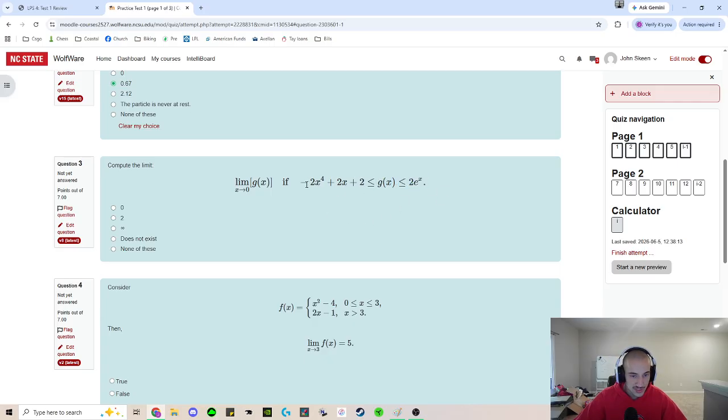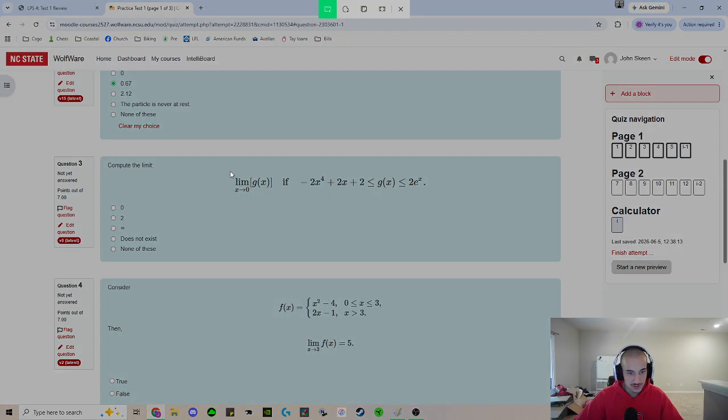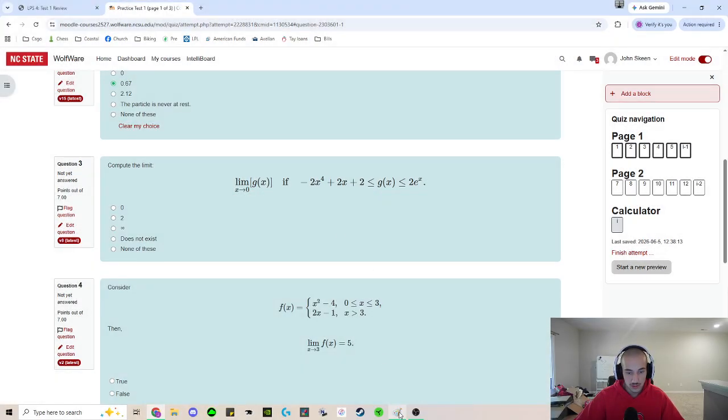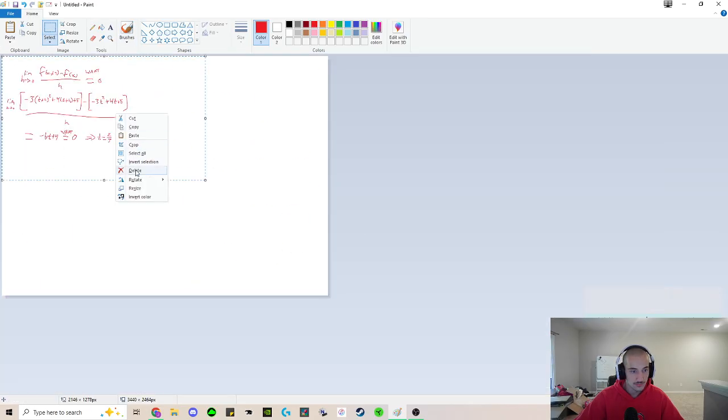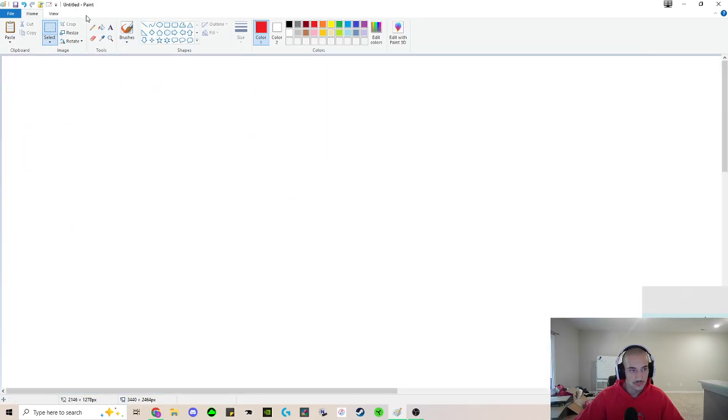So here, clearly, we'll compute the limit as x goes to 0. Well, what's the limit as x goes to 0 of this? Well, this is 0. This is 0. This is 2. So we go ahead and take a limit of all sides.